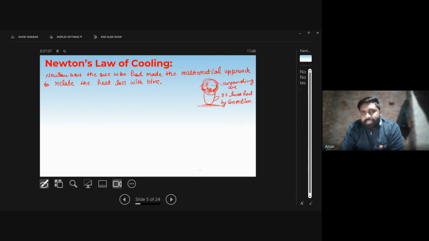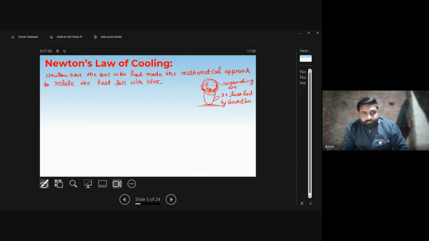We have taken an example that a hot cup of tea is placed on the table, and after some time it loses its heat, or we can say the temperature of the cup of tea will go down with the passing of time. But how is this rate of heat transfer related to time? That is mathematically formulated by Newton.